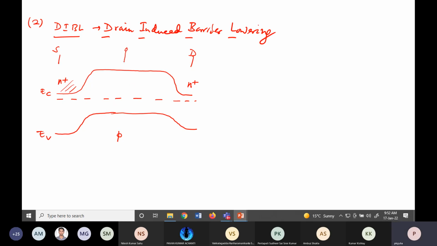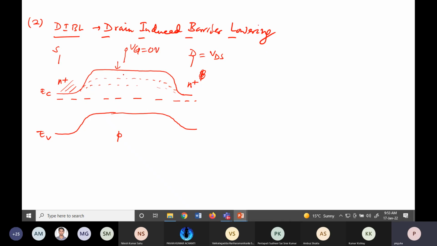Now when you apply a gate voltage here, this barrier will be lowered. Okay, this barrier will be lowered, and then the electrons will be able to flow from the channel, ultimately between source and drain. So the gate voltage will basically change this barrier height. Now instead of gate voltage, if you apply drain voltage here, VDS, say no gate voltage is there.